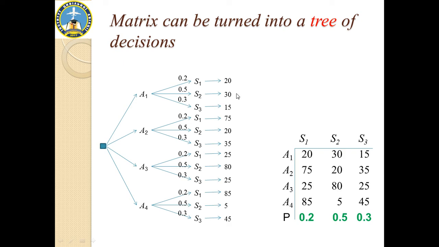For example, if the decision maker picks the option A sub 1, then depending on the state of nature, he may obtain the payoff of 20 if nature plays the state S sub 1, the payoff of 30 if nature plays S sub 2, or the payoff of 15 if nature plays S sub 3.